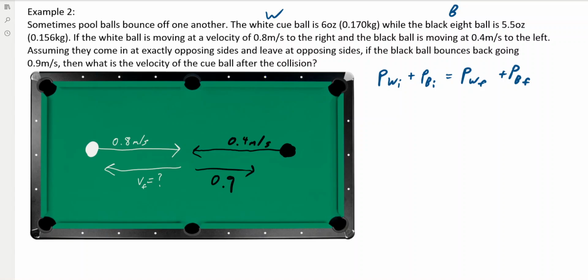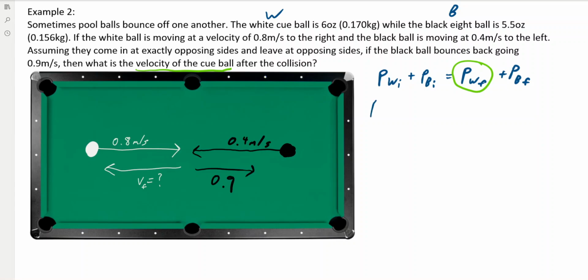Okay, we know that the white ball comes in, we know its mass and velocity, and we know the initial mass and velocity of the black ball. We also know the final velocity and mass of the black ball. The only thing we don't know is the momentum of the white ball, which will help us get the velocity of that one. So we're going to rearrange this to solve for the momentum of the white ball final.